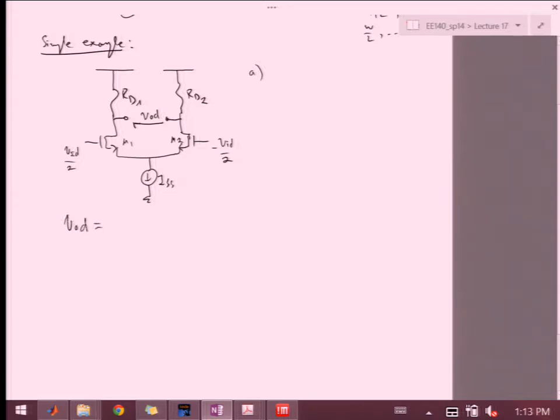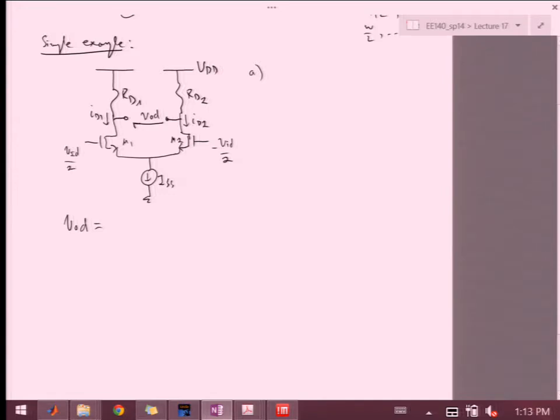If you look at the output voltage between these two nodes, we're just going to do it by looking at what happens on each branch from VDD. In this branch, I have a current ID1, and in this branch, current ID2.